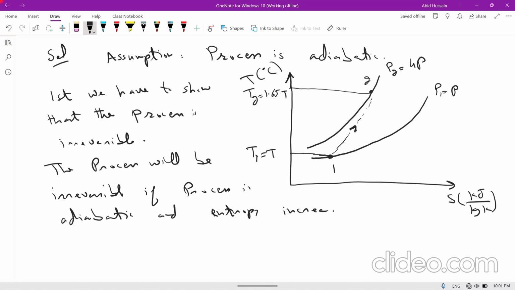For that we consider a point on the constant pressure line with the same entropy as S1. We name this S2s.